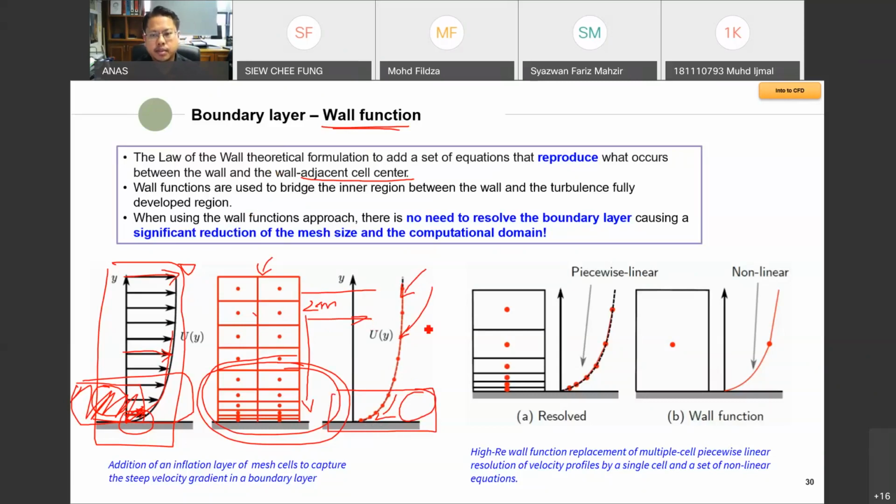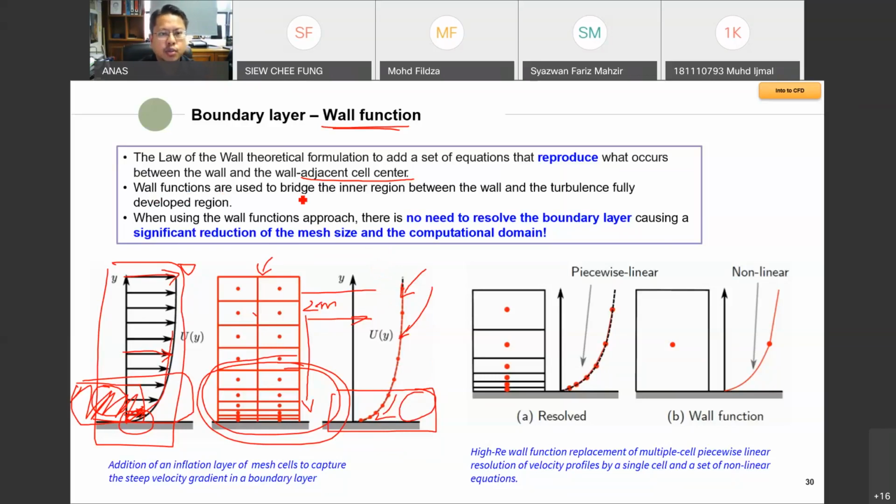But as I mentioned previously, sometimes we cannot use the size that we want because it is too small to capture what is happening at the bottom. So we need to use one option that is called the wall function.